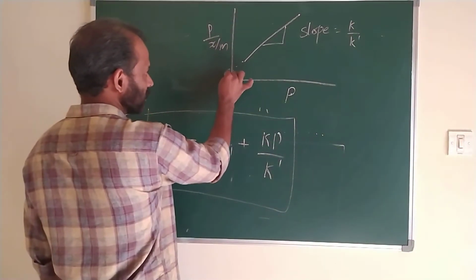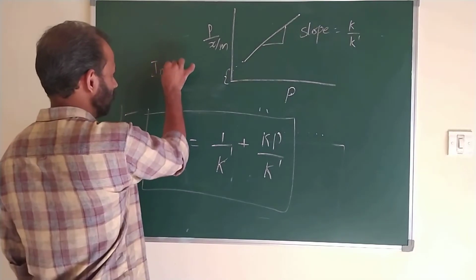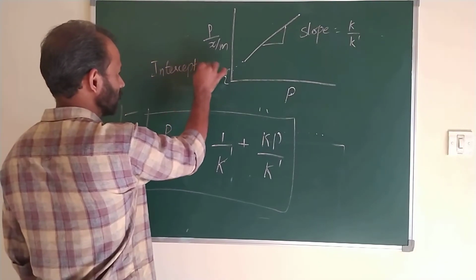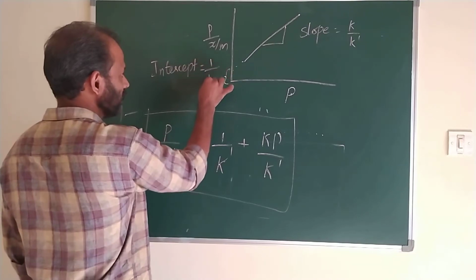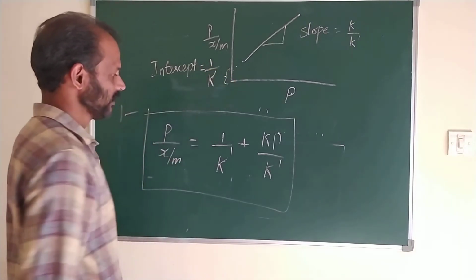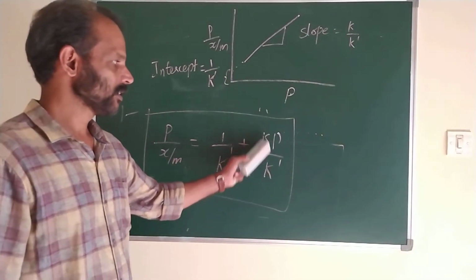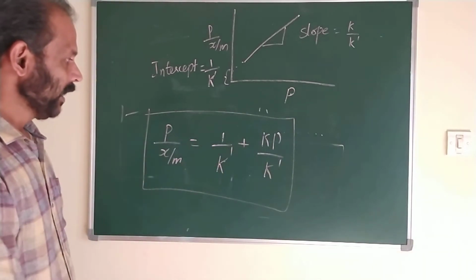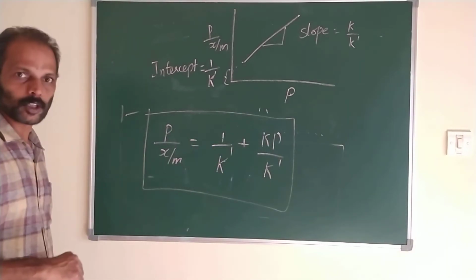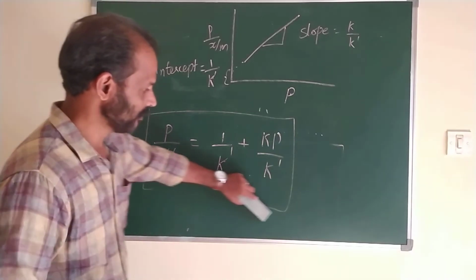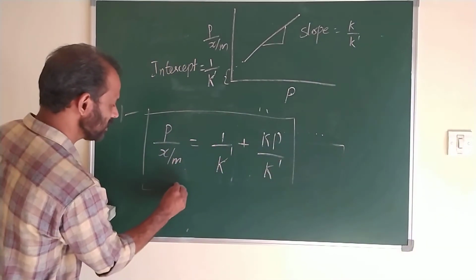Right? And intercept is equal to 1 by k dash. This is the intercept and this is our slope, K by k dash. And in solution phase adsorption, instead of p, we put concentration.